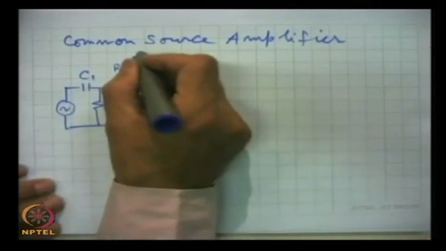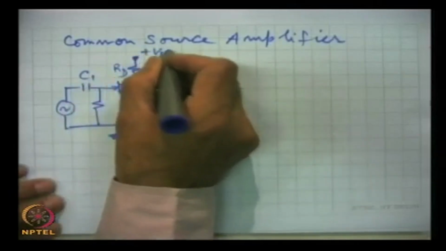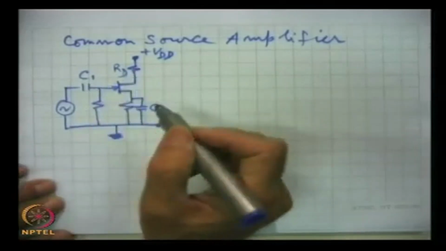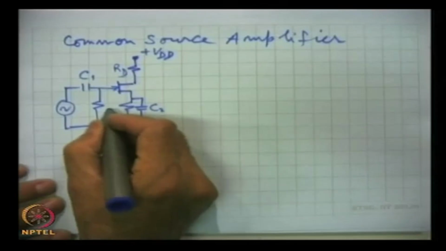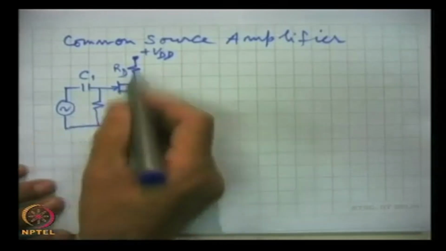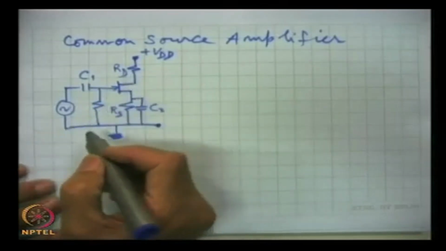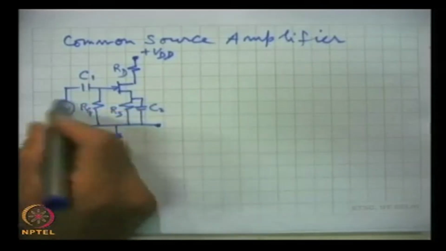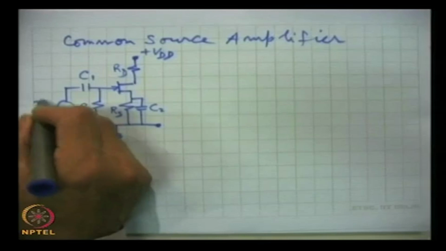Here we connect the biasing source, the battery VDD, and this is RD, this is RS. You are familiar with these resistances, and this is RG, and this is the input signal Vin.